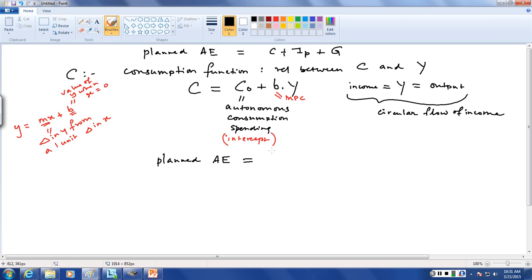Planned AE is going to be then C0 plus B times Y. This, of course, is the C part of it. I'm replacing C by the function for C. Plus IP plus G. That's planned aggregate expenditure. Right? So now let's talk about equilibrium.